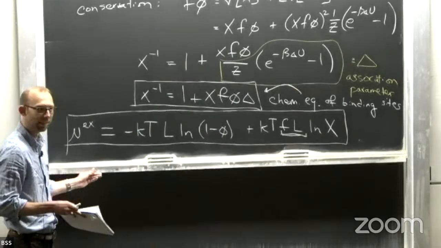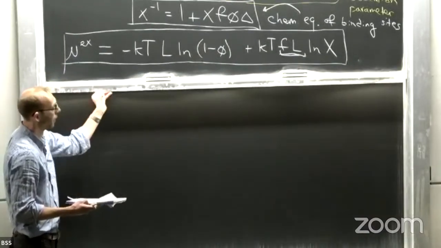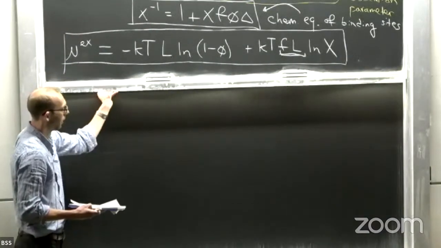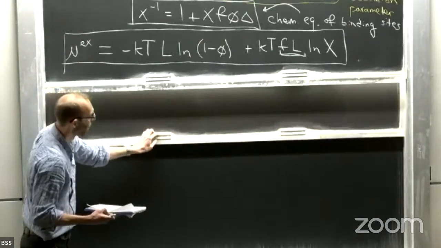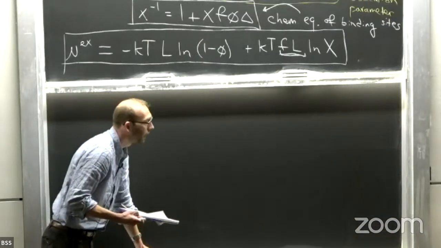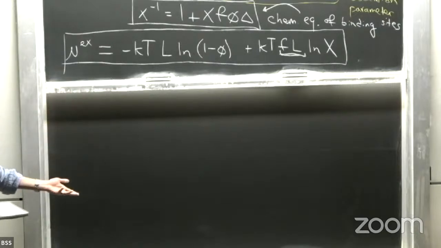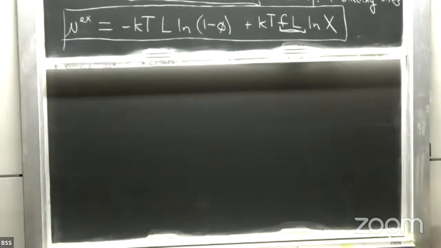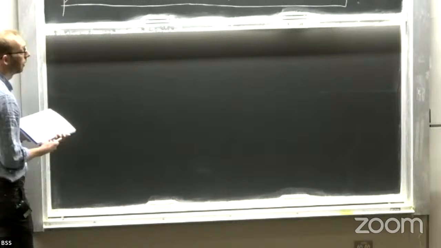Okay. So let's look at what the phase behavior of this model looks like and how this can be different from what we had with the Flory model, and under what circumstances you would actually observe these differences.